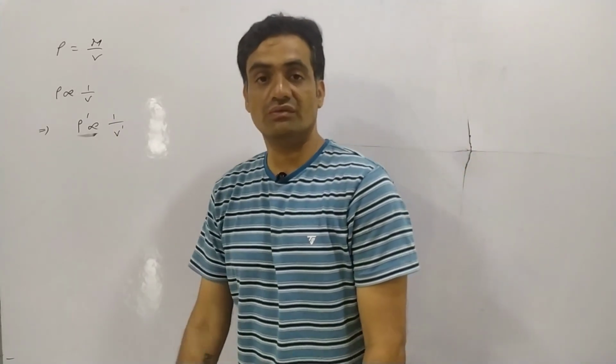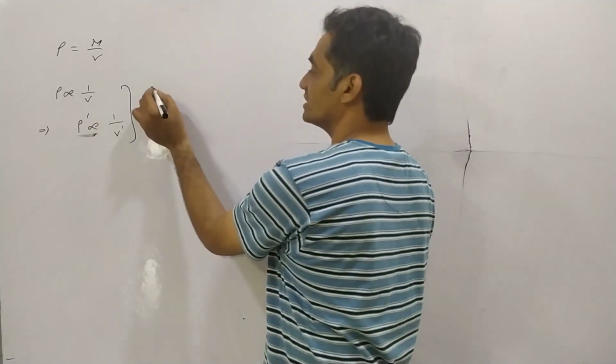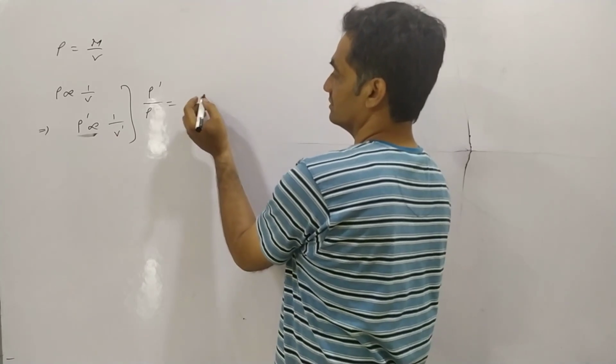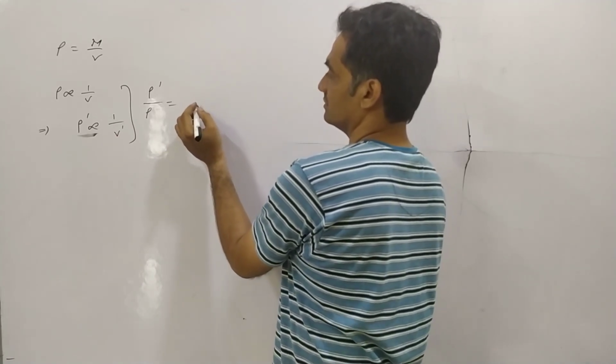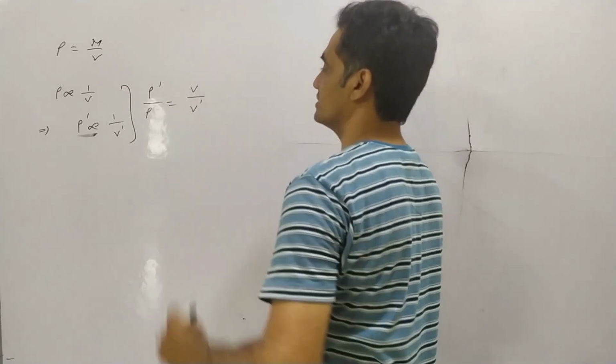Inversely proportional to V dash. When we divide these two equations, we can represent that rho dash by rho is equal to V by V dash.